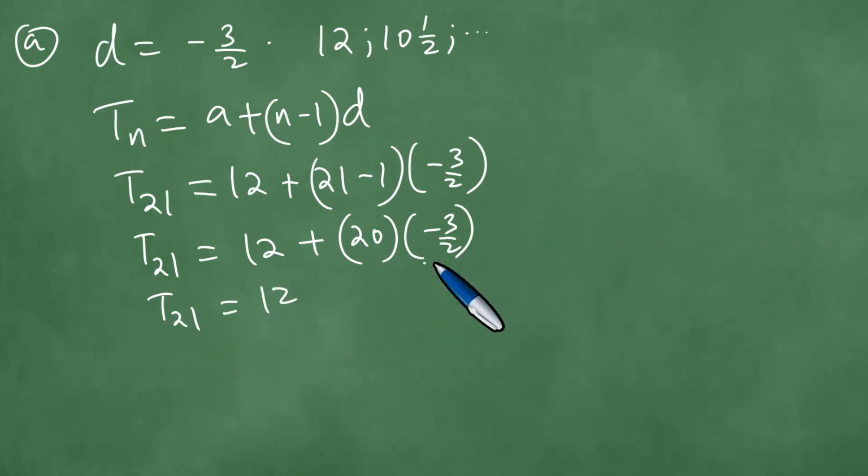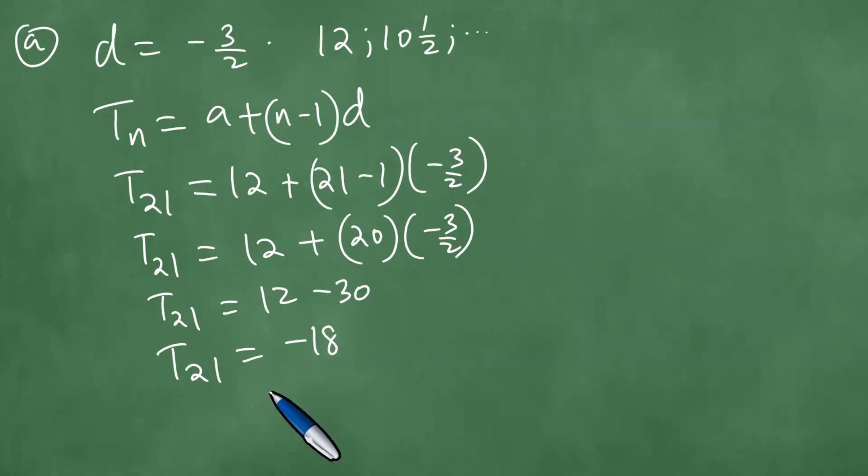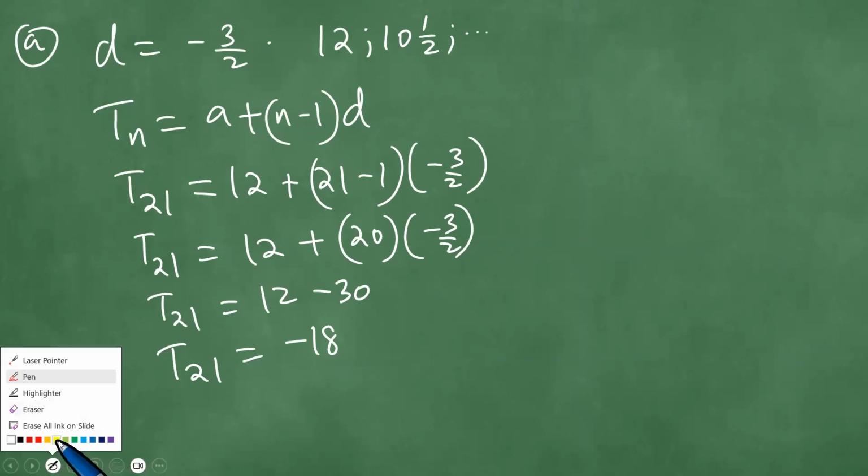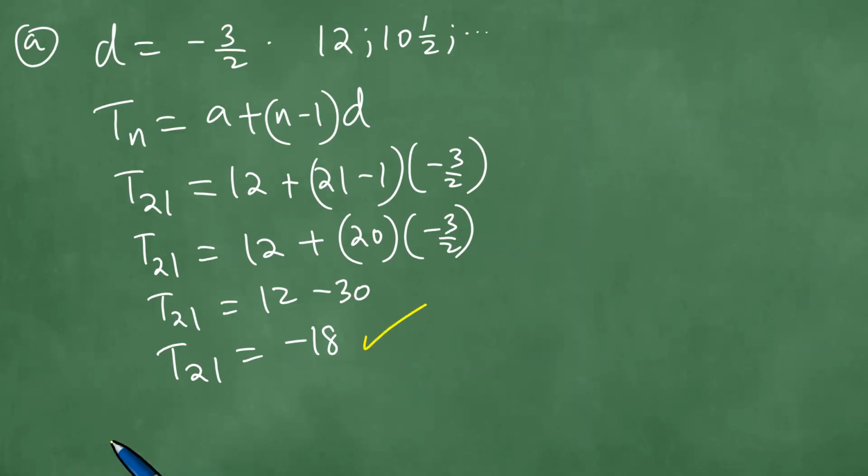If you divide 20 by 2, what do you get? 20 times 3 is minus 60, divided by 2 is minus 30. So 12 minus 30 is minus 18. So it means the 21st term is minus 18. All right.